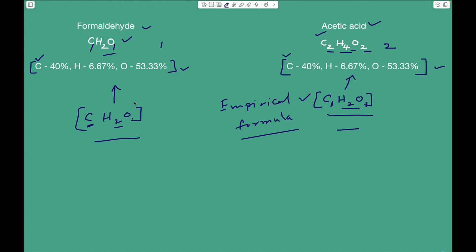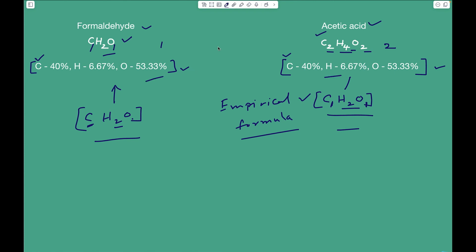So if 2 or more compounds have the same empirical formula, they have the same relative number of atoms of the same elements in their molecules, of course, and therefore they would have the same percentage composition.